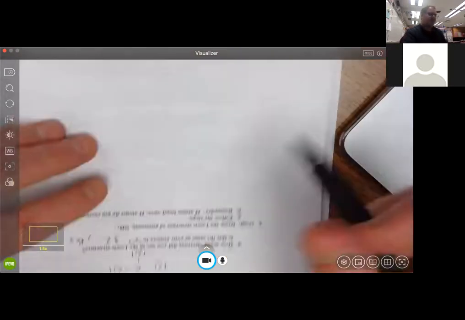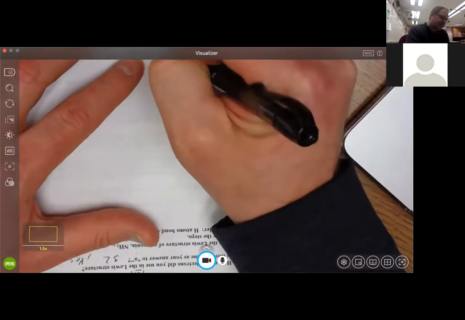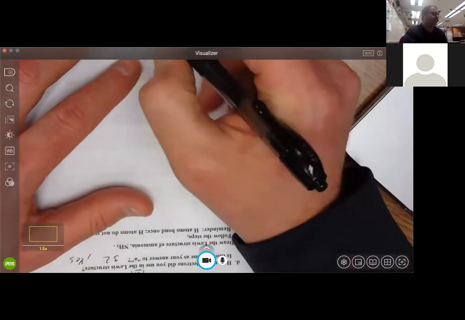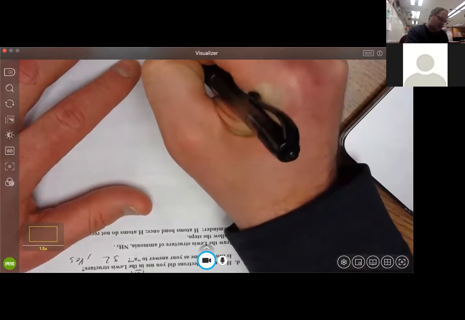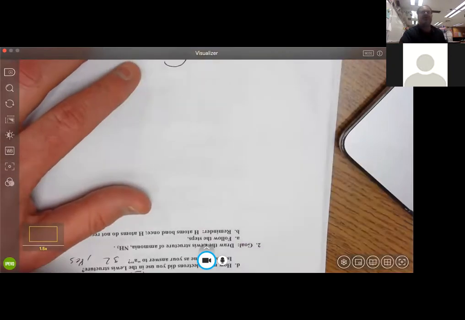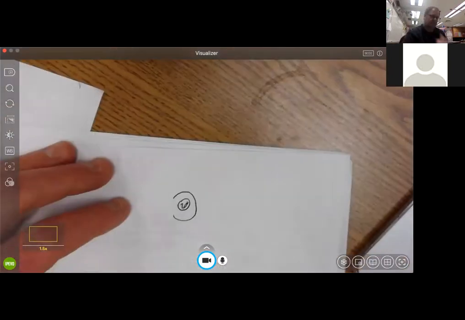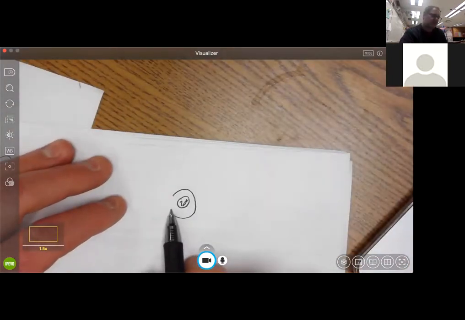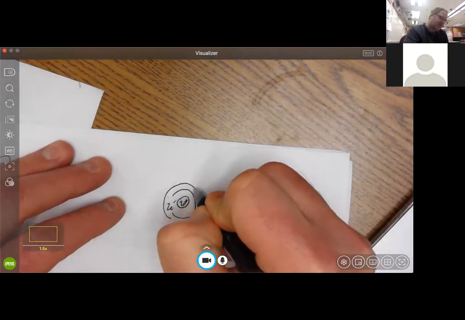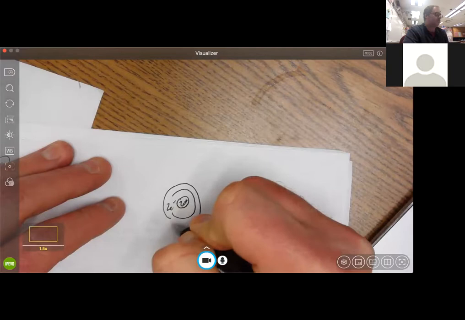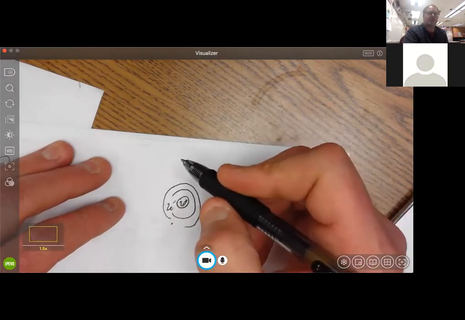Let me see if I can explain it a different way for you. Do you remember how in 6th, 7th, or 8th grade, if we were to draw the fluorine ion, we have 9 protons in the center? The first energy shell can hold how many? 2. And the next energy shell can hold, 8.